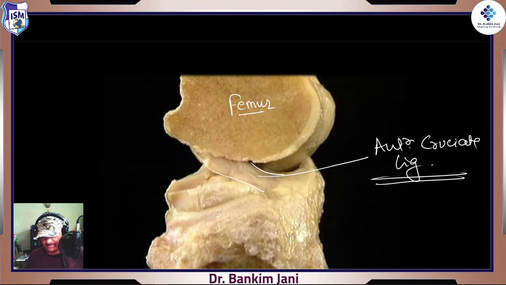And the purpose is, say there is tibia, there is femur, and they both are gliding. But as such, muscles are attached on the posterior aspect and anterior aspect. We can't say that only the anterior muscles are powerful. Even posterior muscles are equally powerful. So there are chances of the backward slip of the femur.